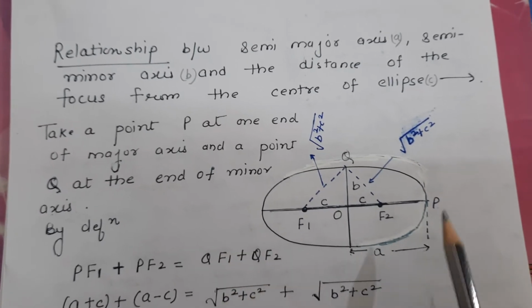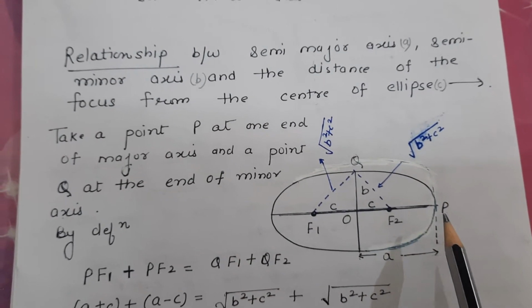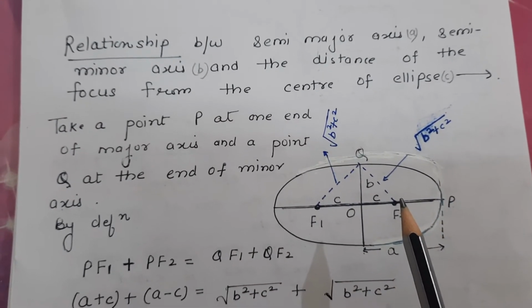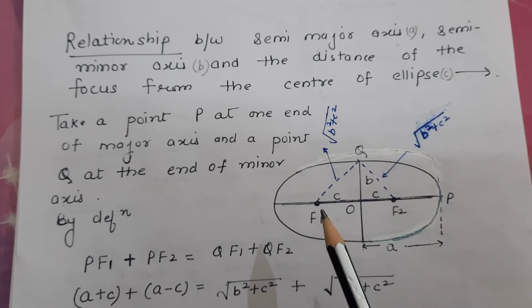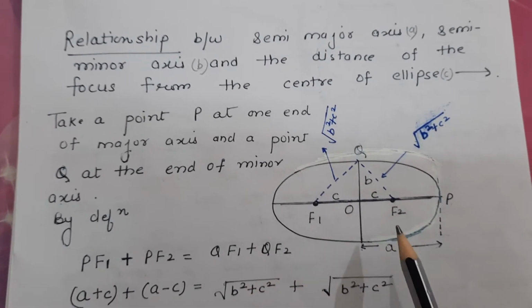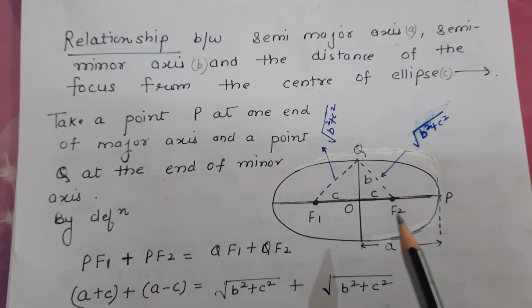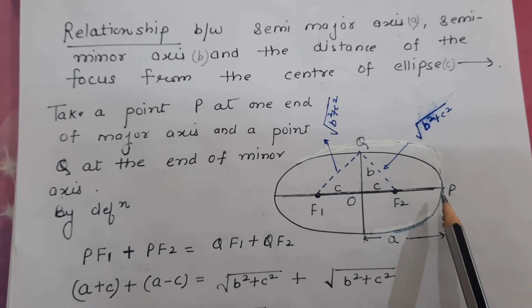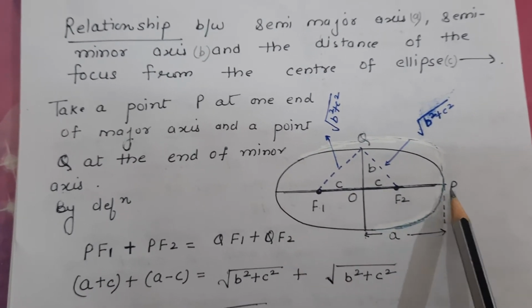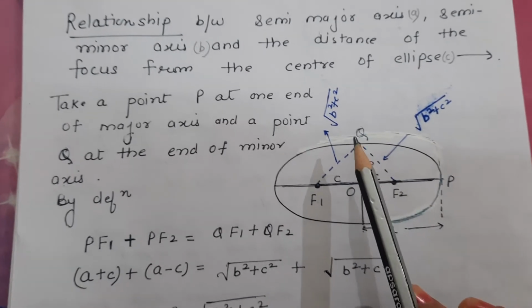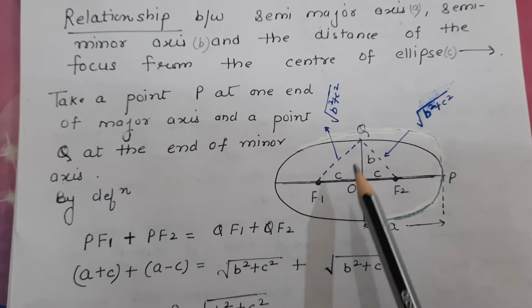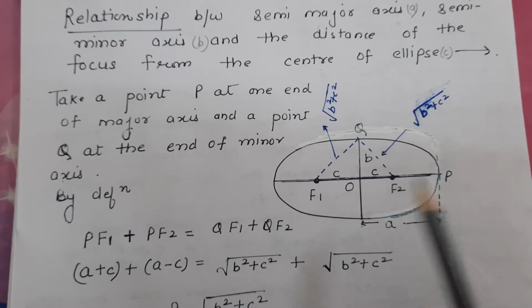Now, by the definition of an ellipse, we know that an ellipse is the set of all points in the plane, the sum of whose distances from two fixed points F1 and F2 is constant. So, by definition, PF1 plus PF2 must be the same as QF1 plus QF2.